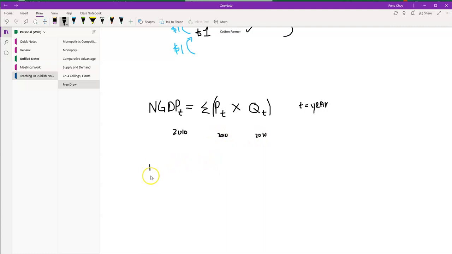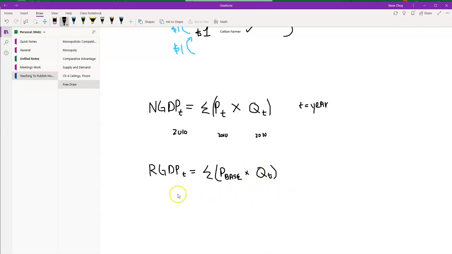All right, now real GDP tries to adjust for the problem of inflation. So it's an inflation adjusted metric of GDP. It's basically the summation of prices on the base year times quantities at time t.